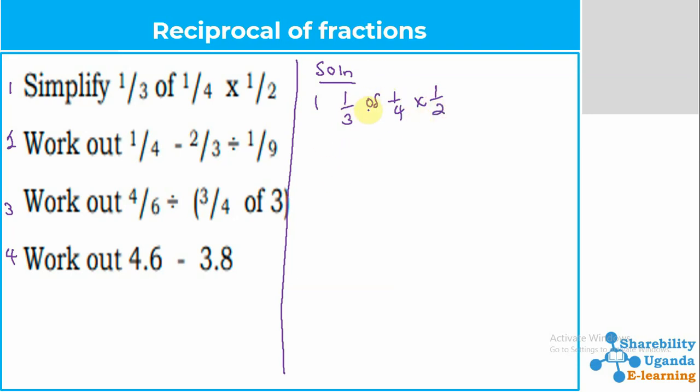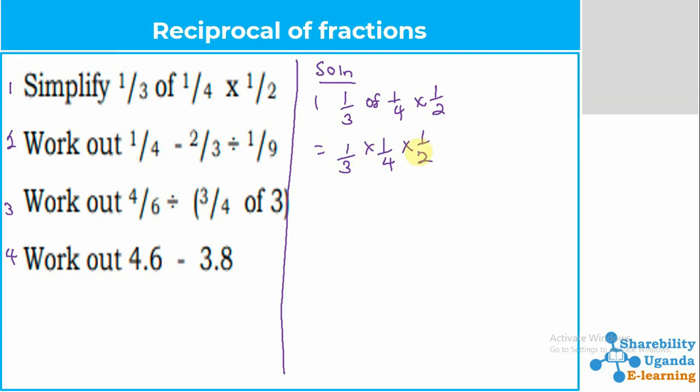Okay, so here they have said of. When they say of, this simply means multiplication. So here we shall come up with 1 out of 3 multiplied by 1 out of 4, multiplied by 1 out of 2.